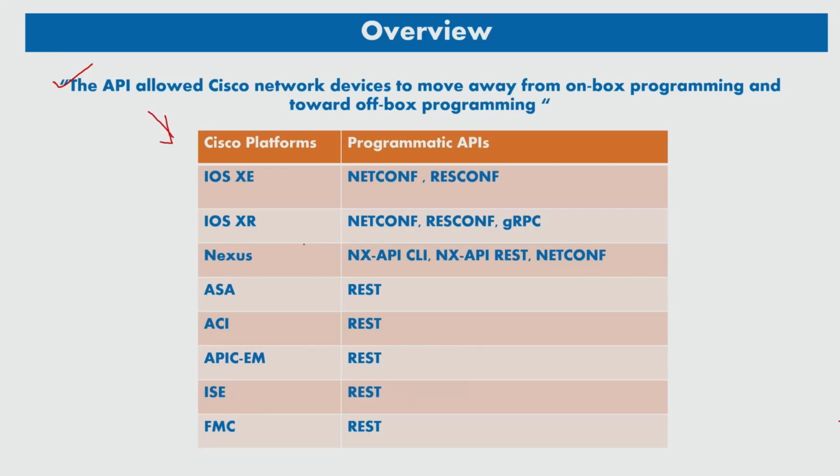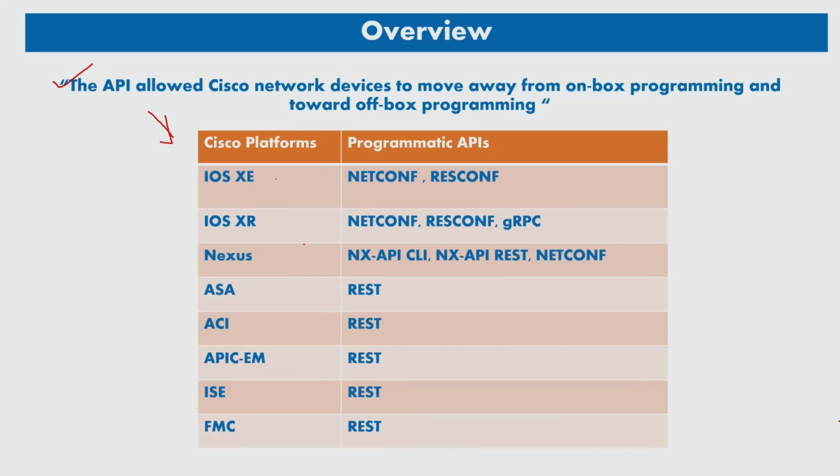Most Cisco platforms now include an API that allows for off-the-shelf programmability. The specific API depends on the platform, but as time goes on, you'll see more open methods and platform uniformity. So to provide network operators with off-the-shelf programmability, various Cisco platforms leverage a variety of APIs.